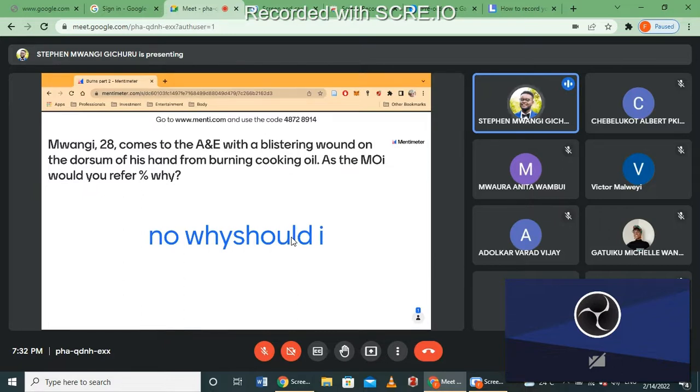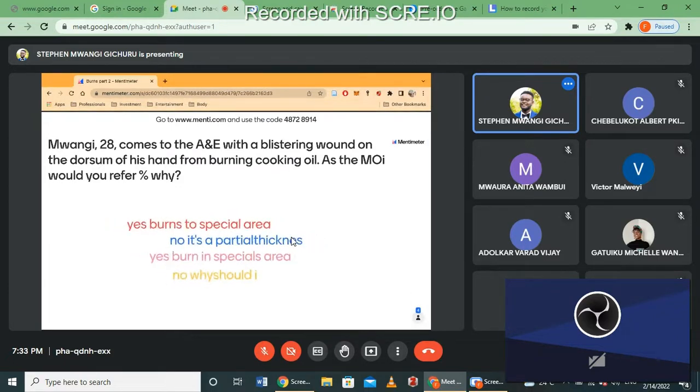It's blistering. Yes, because burns to a special area. Not, it's a partial thickness.